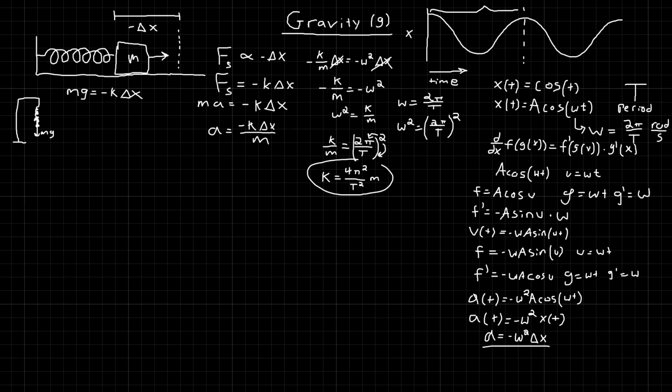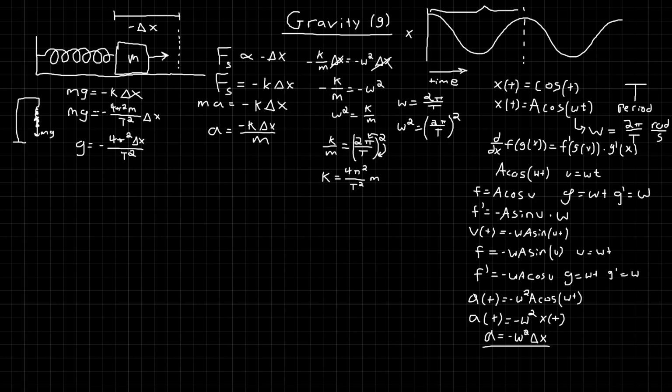And using our new equation that we have for k, we can plug into this equation. mg is equal to negative 4 pi squared m over T squared times delta x. And then we can divide by mass on both sides to get gravity. So gravity is going to be negative 4 pi squared delta x over T squared. So now we finally have a full equation to solve for gravity from the data we collected in this lab.